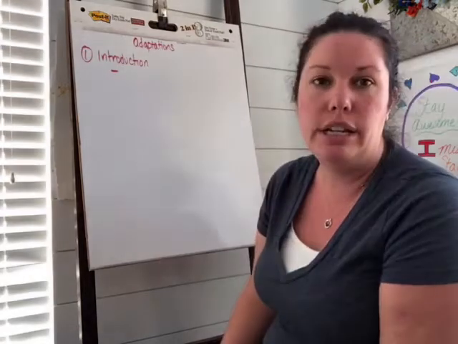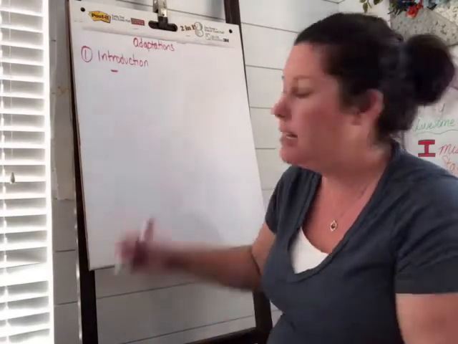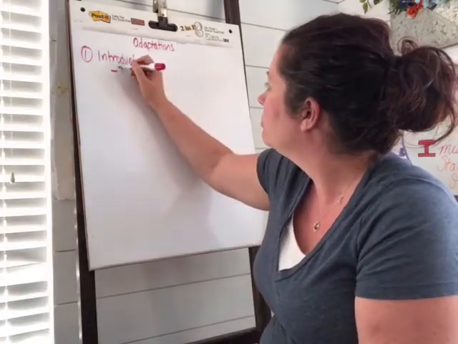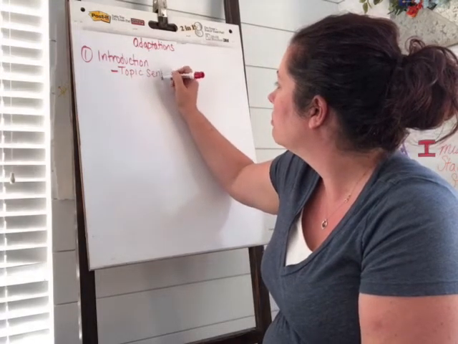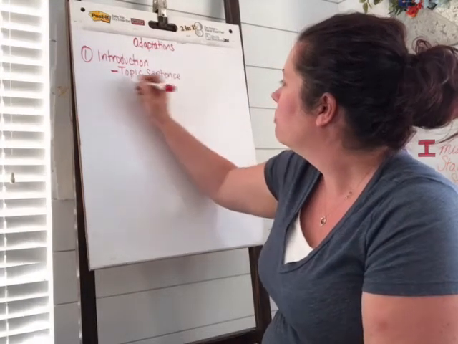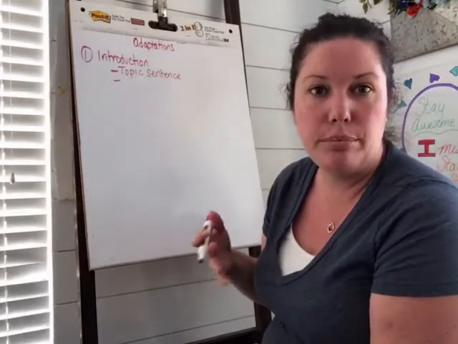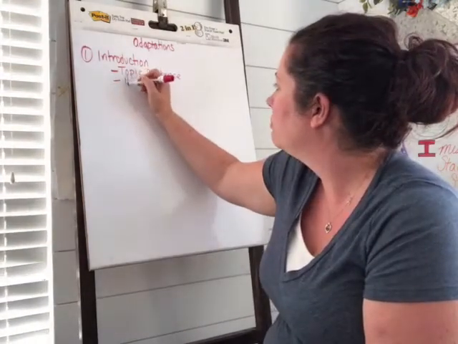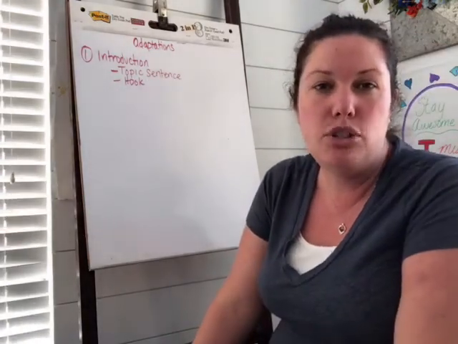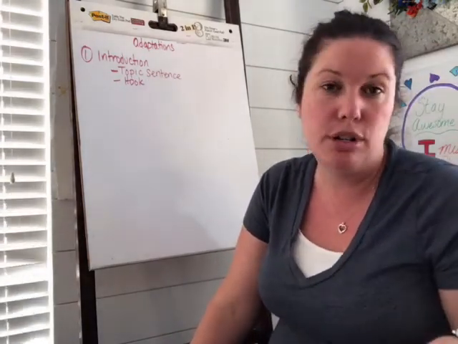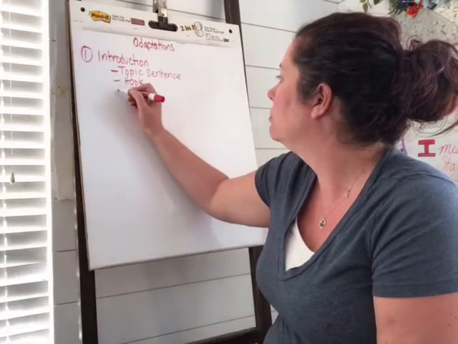What is included in an introduction? Your topic sentence. Usually some sort of hook to grab your reader, right? And then you're also going to give some general basic information about your ecosystem.